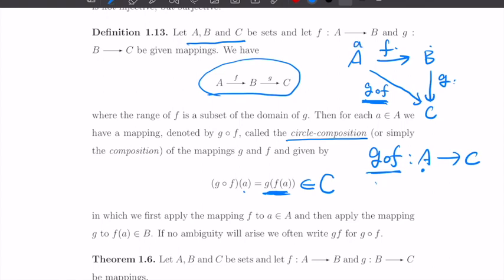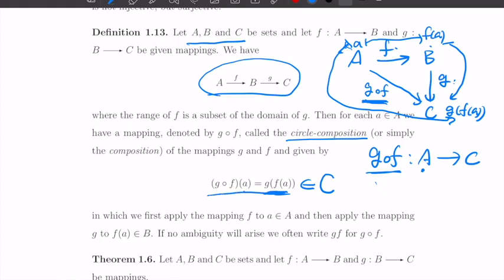So pick one element in A. This is mapped into f(a), and this is mapped into g(f(a)). So after all, this element is mapped into this element in C. This is the definition of this composition.